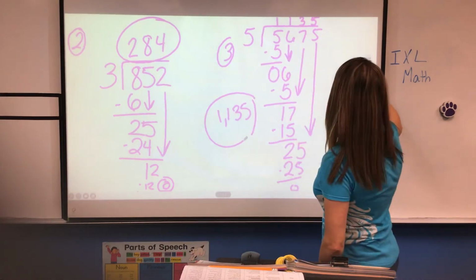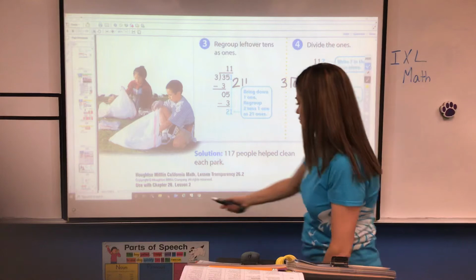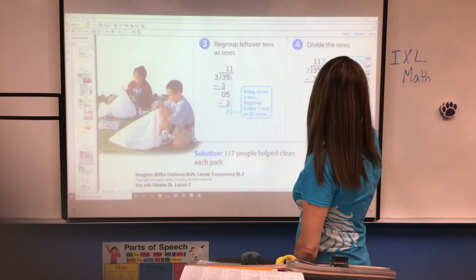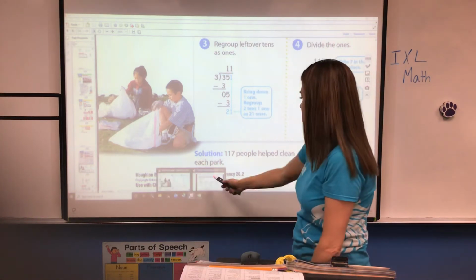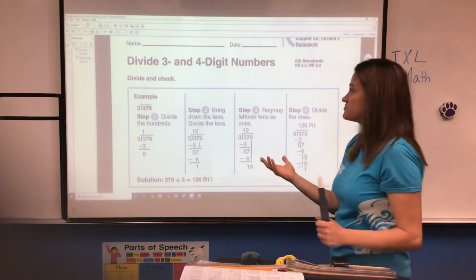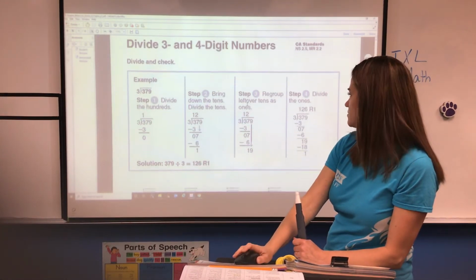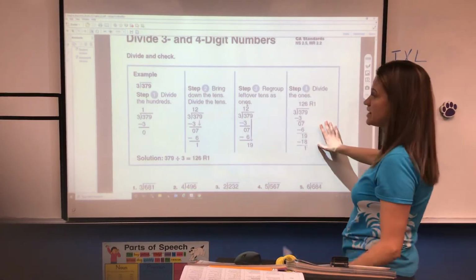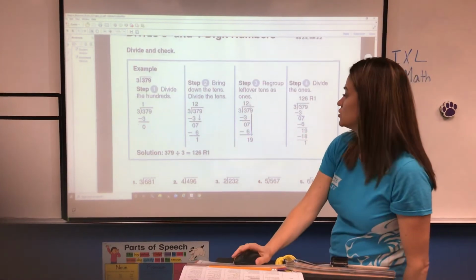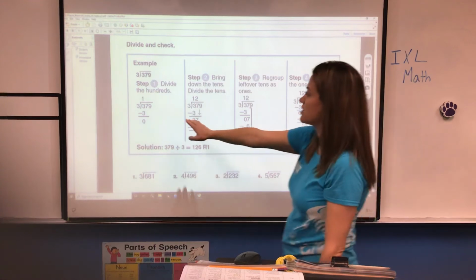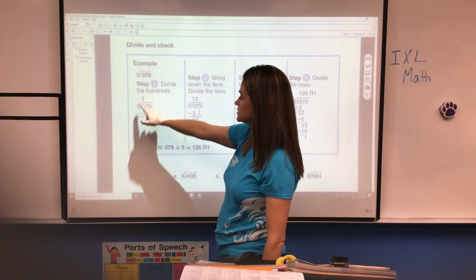So let's go ahead and look at what your work is going to look like for today, your assignment. It says divide 3 and 4-digit numbers. They give you a nice little example problem up here, and this example problem has a remainder. It shows that 3 goes into 3 one time.